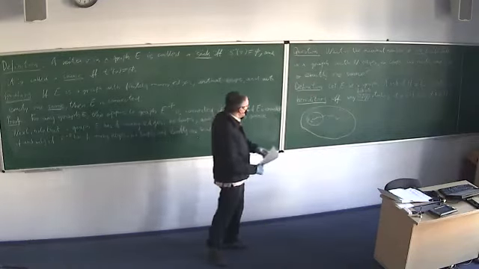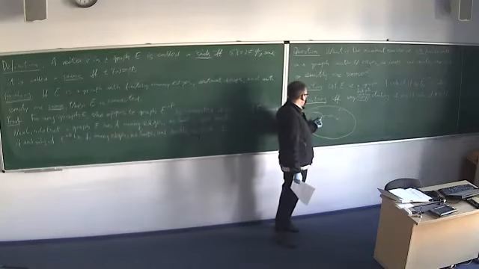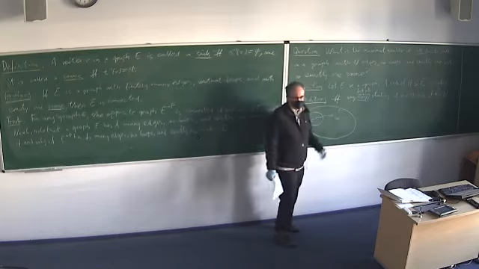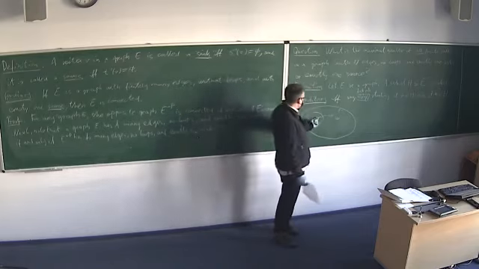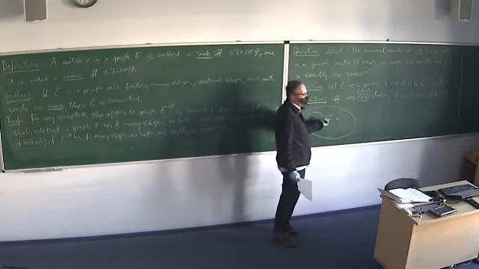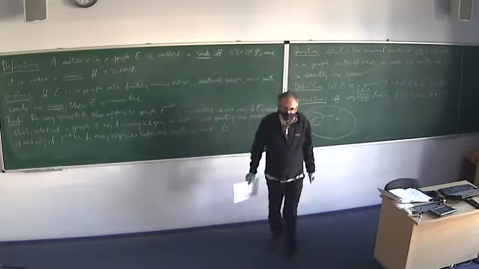At a certain moment, you will have to have an edge which starts in H and goes outside of H. Because if you don't have it, then you cannot have such a path. Then you are done, because if there is a path which goes from H outside of H, then there is also always an edge which goes from H outside of H. So the definitions are equivalent, okay?